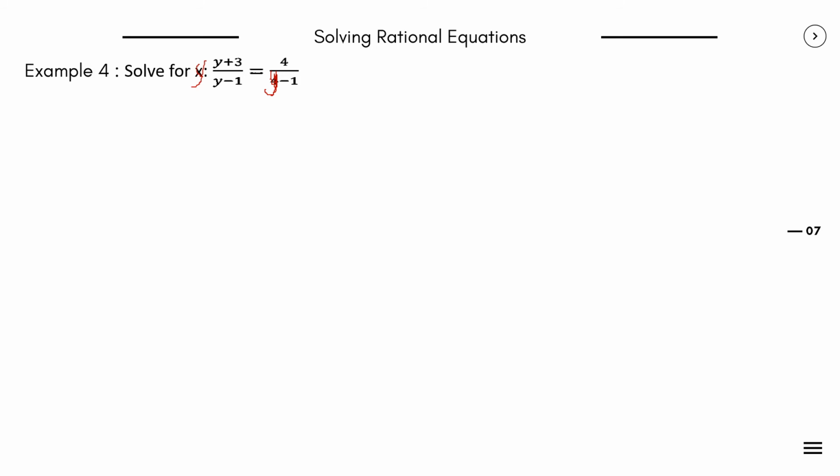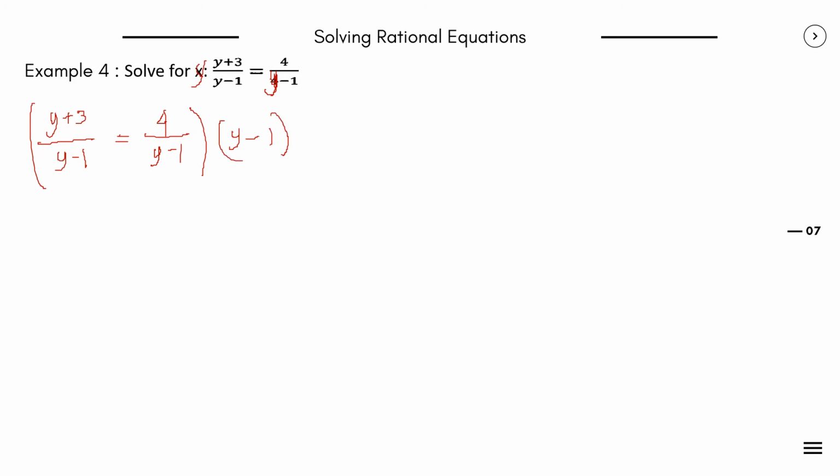So, ganun din siya. So, paano natin malalaman kung this equation is true? Diba? If the equality is true. So, we find first the value of y. So, y plus 3 over y minus 1 is equals to 4 over y minus 1. So, ano nga ba LCD nila? So, the LCD, it's their self. Kasi, since pareho yung denominator natin, we can have our LCD as y minus 1.